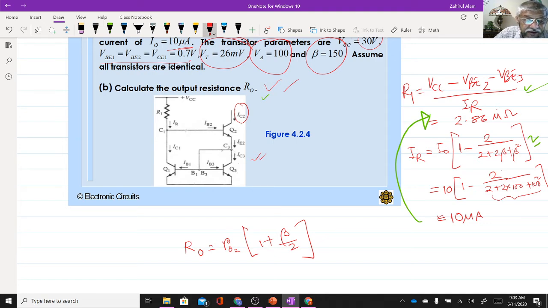So now what is R02? R02 is equal to VA over I naught. So we know this is equal to 100 and this is equal to 10 micro. Then from this calculation we know the value of beta. Oh, this is 1 not 100, so this is 150.